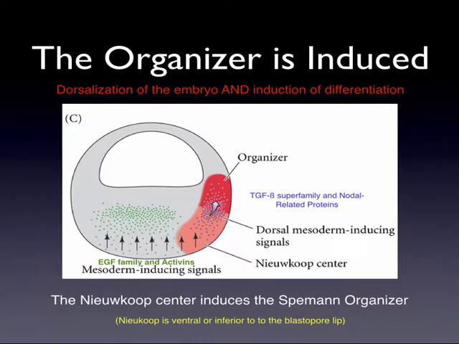Now let's return to the molecular organization that I wanted to talk about in this podcast. This cartoon should be easily interpreted. It's a late blastula. The organizer has been induced by the nieuwkoop center. What's doing that induction? Well, it's beta-catenin.